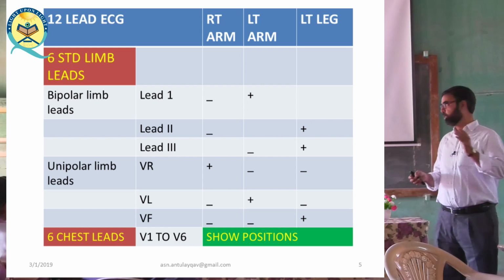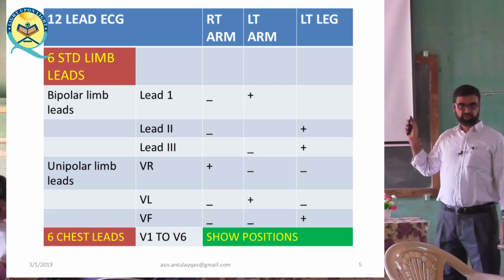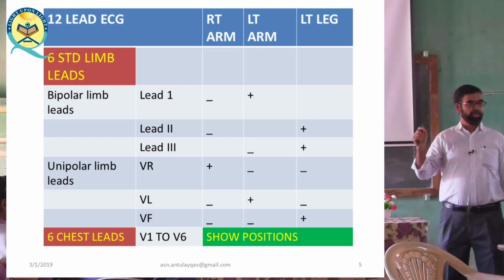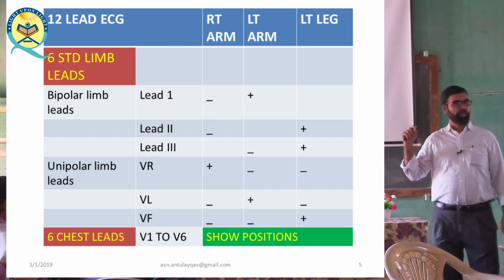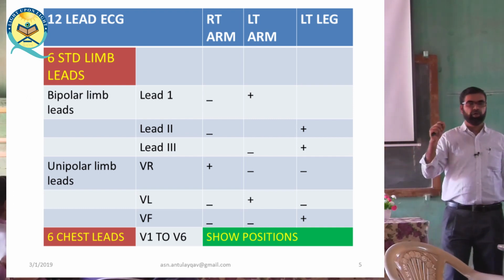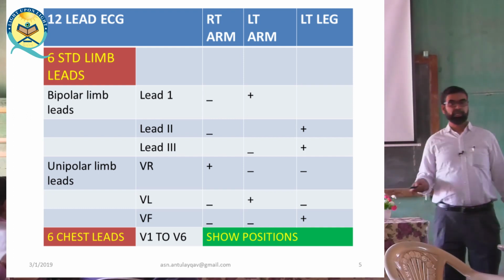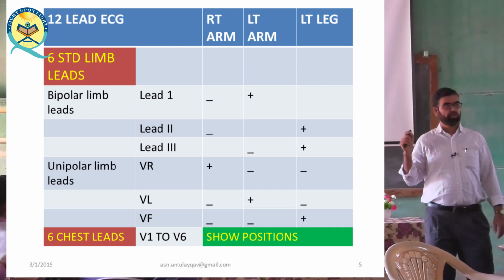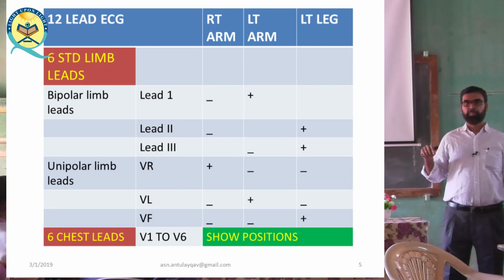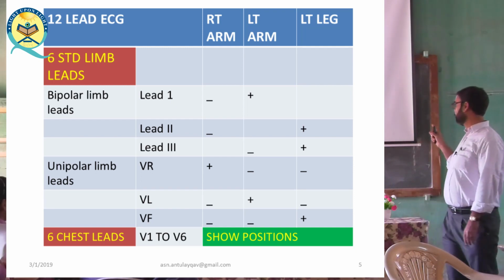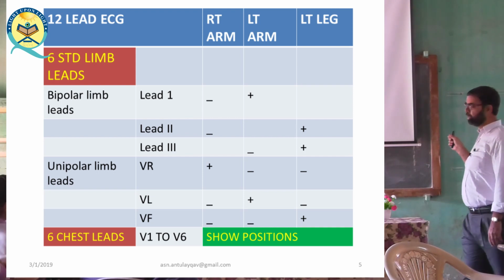So lead 1 consists of right arm negative and left arm positive. Second lead is right arm negative, left leg positive. Third lead is connected with left arm negative, left leg positive.